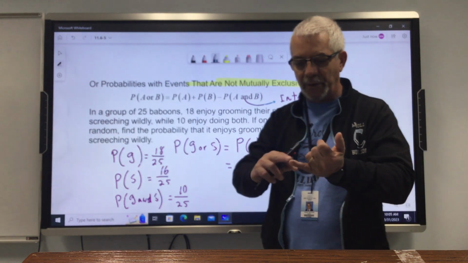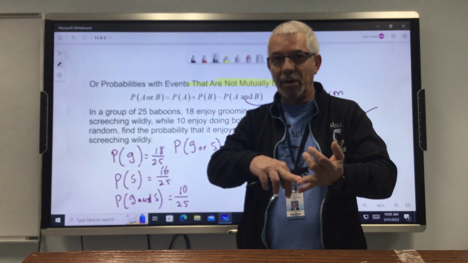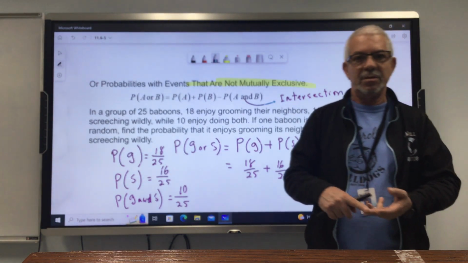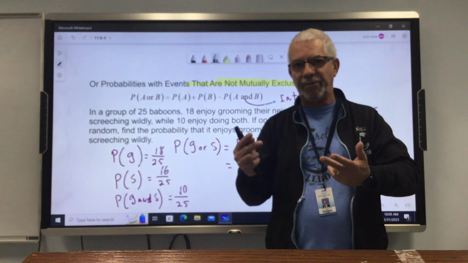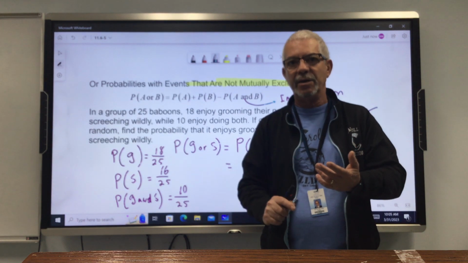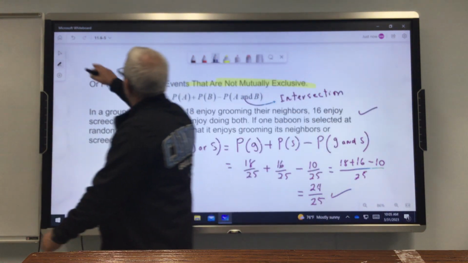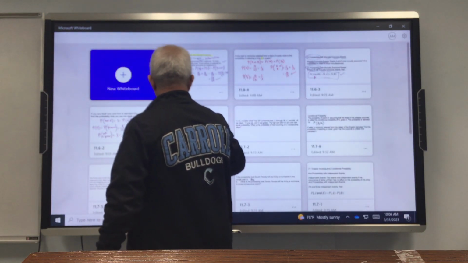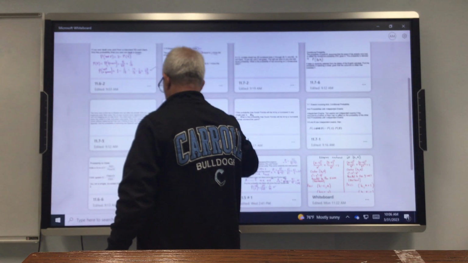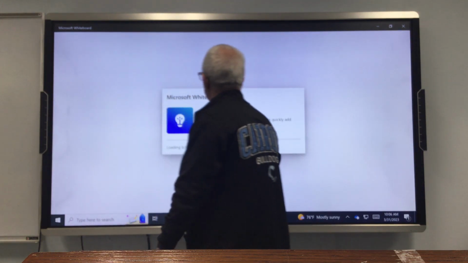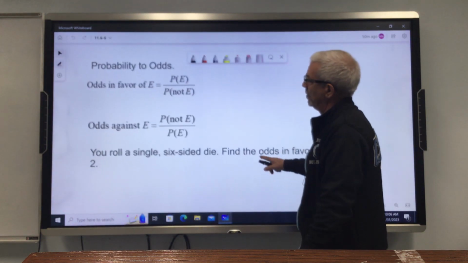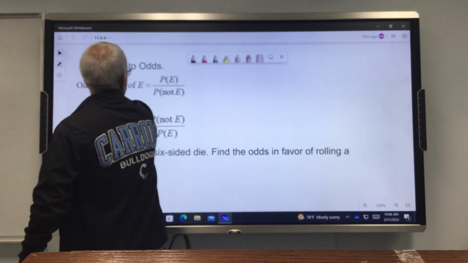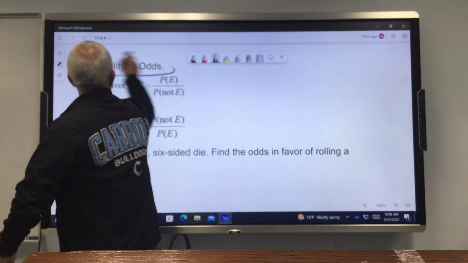We saw already the "or", and we are going to the last part, that is odds. We have 2 different formulas. I will show you first the formula, and after I give you an example. Probability of odds.